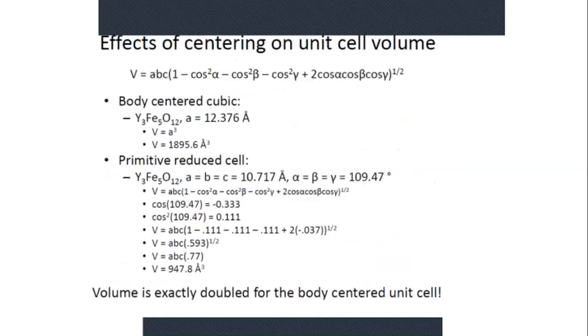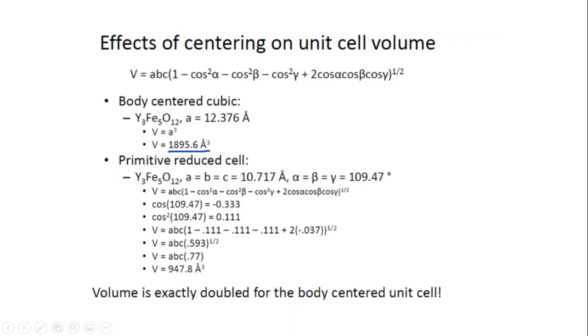And so typically centering in most cases leads to a bigger unit cell because again you're introducing more lattice points to it. So here we have an example. We have this compound yttrium 3 iron 5 O12. In the body centered cubic it's 1895 angstroms cubed.